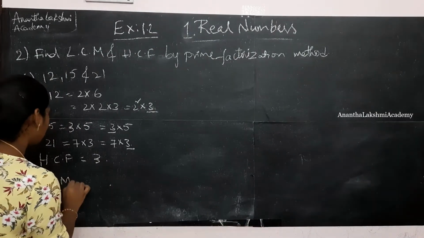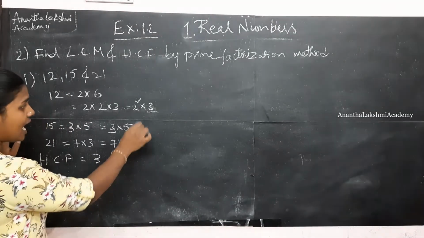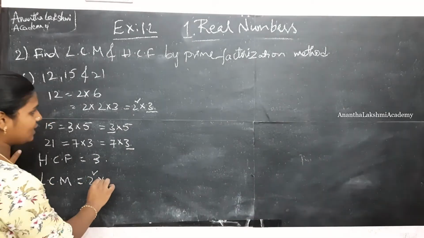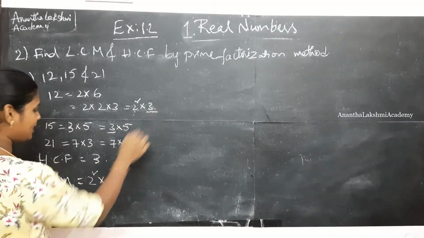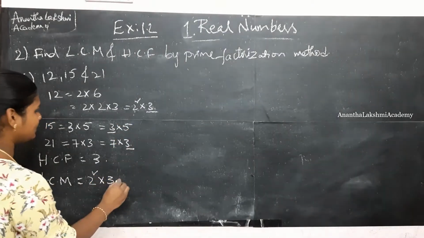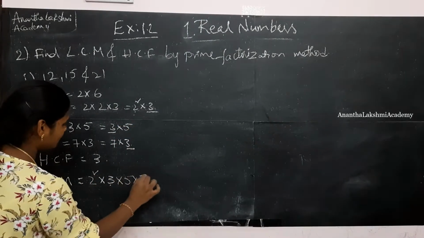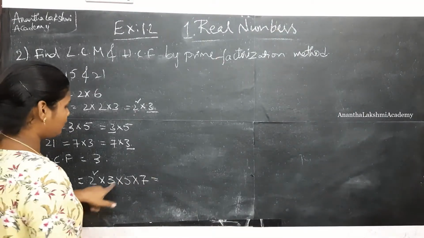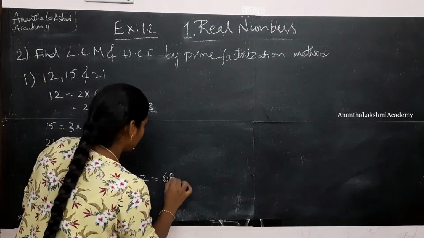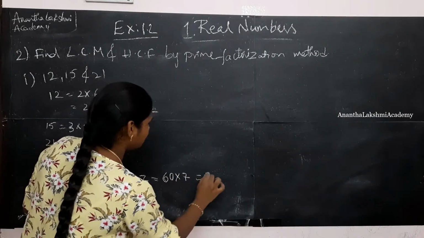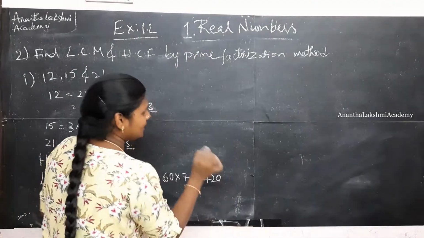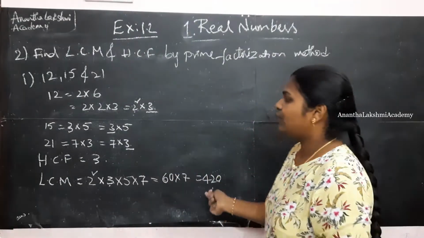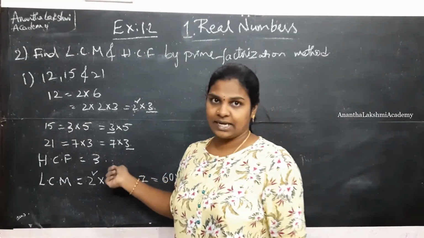LCM is the highest powers of each prime factor: 2 square, 3 to the power 1, and 5 and 7. This becomes 4 into 3 is 12, 12 into 5 is 60, into 7, which is 420. The LCM of 12, 15 and 21 is 420 and HCF is 3.